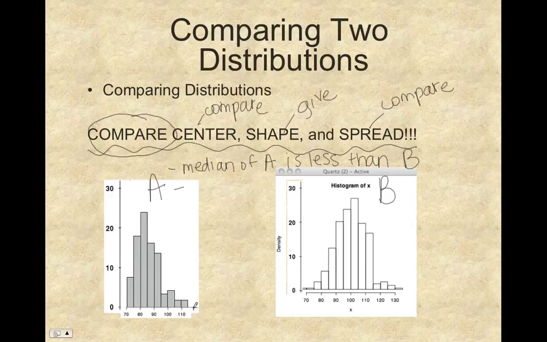The range for histogram A is going to be about 115 minus 70, whereas the range for histogram B is going to be about 135 minus 70, which again means that histogram B is bigger. So the range of A is less than B.